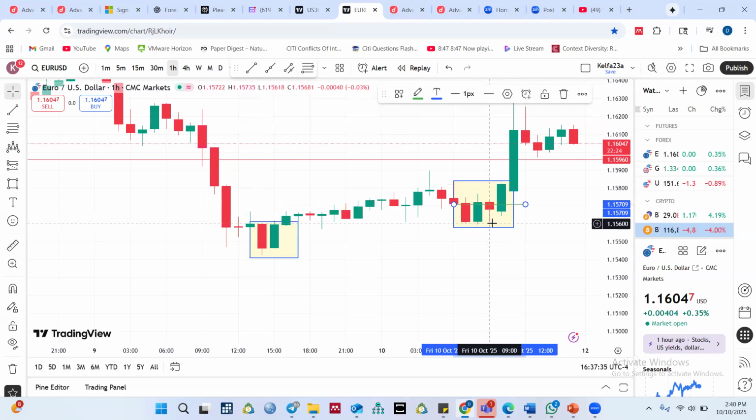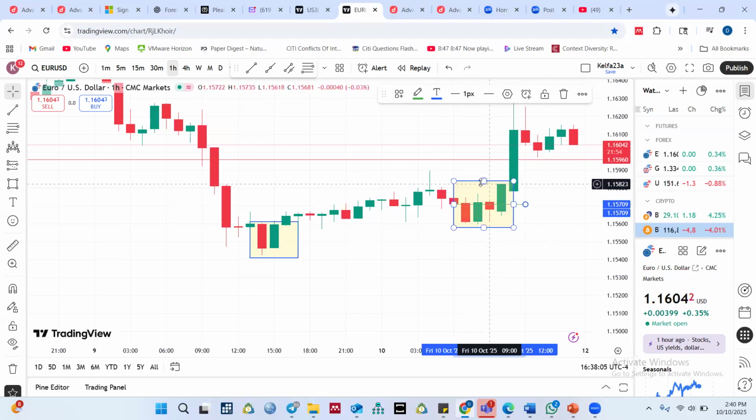Hit and then quickly thrown away. To reject someone is to quickly throw them away or throw them off. And then you can see the next candle moved and closed, taking over this red candle and even all the other candles that preceded it.